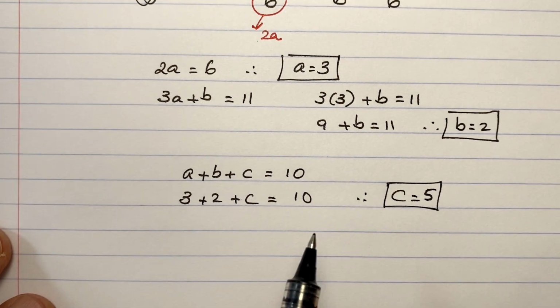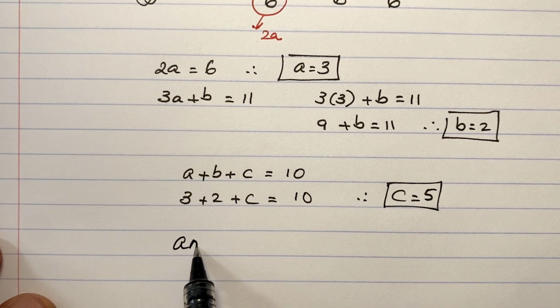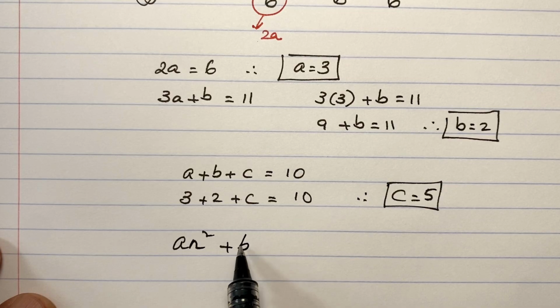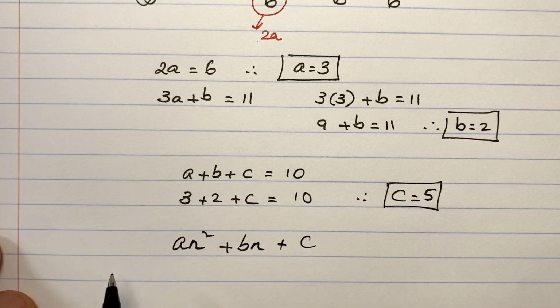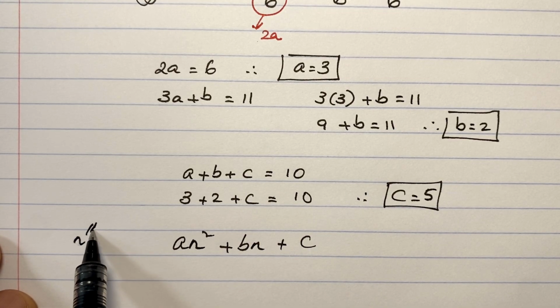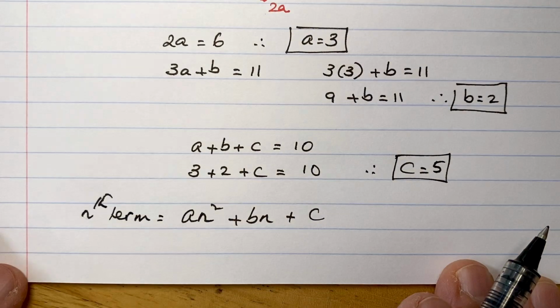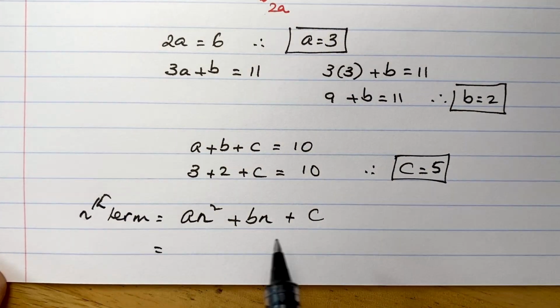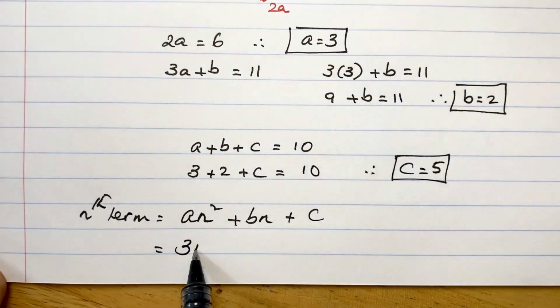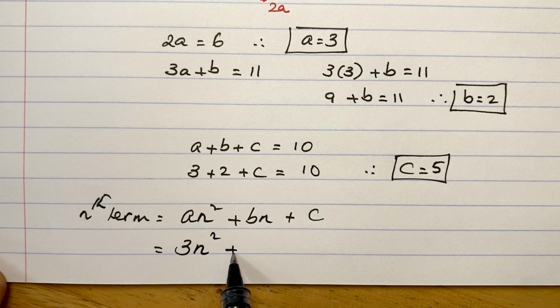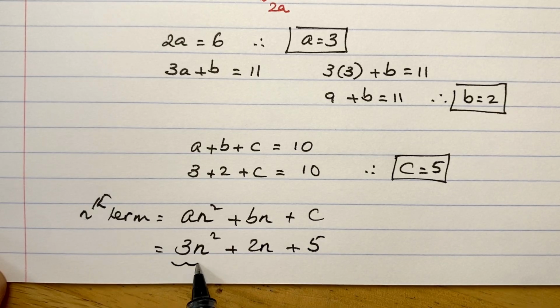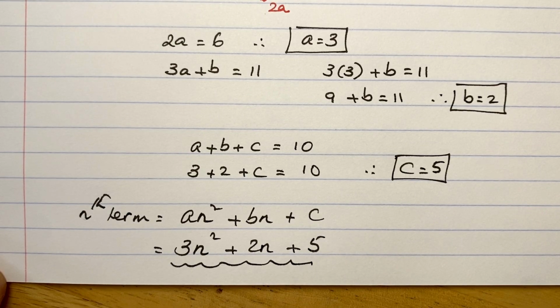Now I'm going to replace the an squared plus bn plus c, which is the general nth term, with my values. So a would be 3n squared, b would be 2n, and c would be 5. This is exactly what I had using the first method.